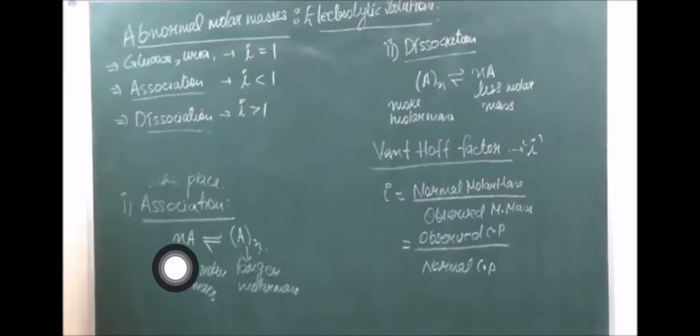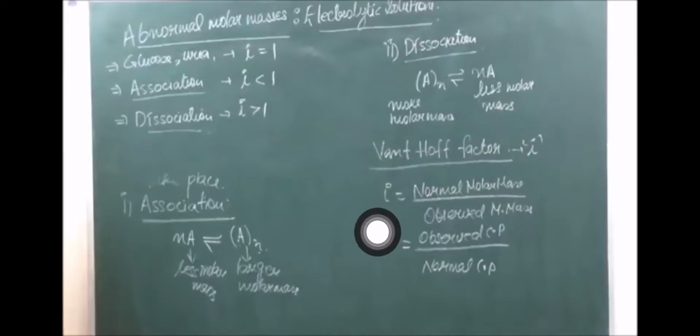So in this way we have two different categories, that is association and dissociation. When we see association and dissociation, the actual mass which should be obtained will not be obtained, right? And that's why Van 't Hoff has given one factor which is known as the i factor.